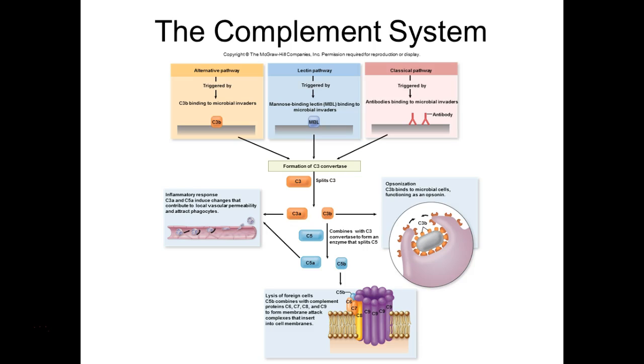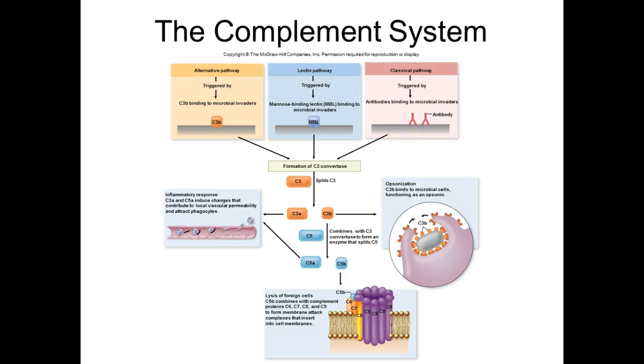It's a pretty cool system though, huh? It can kill, it can tag for destruction, it can get the cells that we need there. It's a really good system. But it's relatively generalized, right? It's not detecting any specific bacteria, unless, of course, it was activated by antibodies. In that case, we're having a specific interaction.